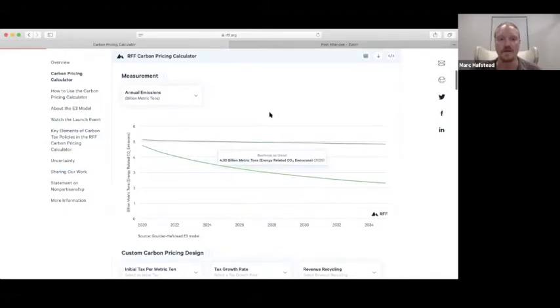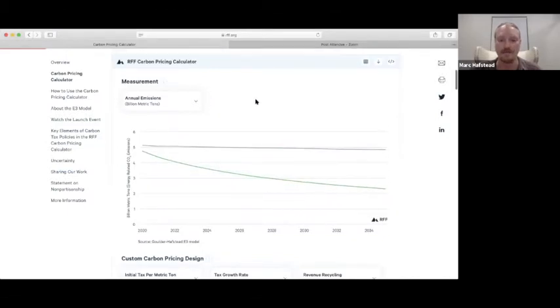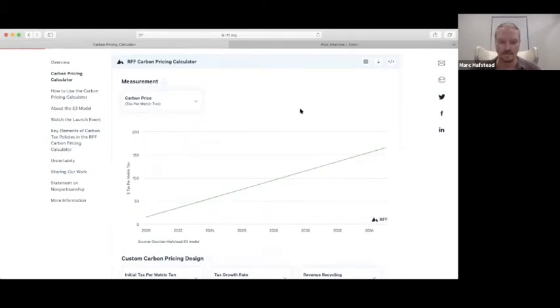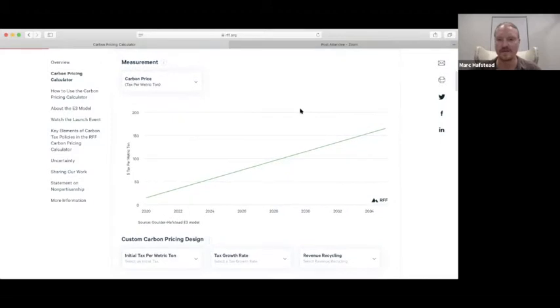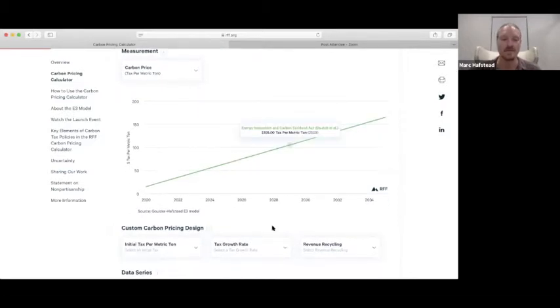If we go up here to the graph, you choose annual emission. Let's start with carbon price, because that's maybe the simplest thing. What it first does is just graph the carbon tax over time. The Energy Innovation and Carbon Dividend Act, as you know, starts at $15 and rises $10 a year.